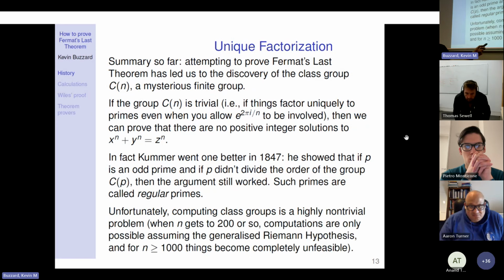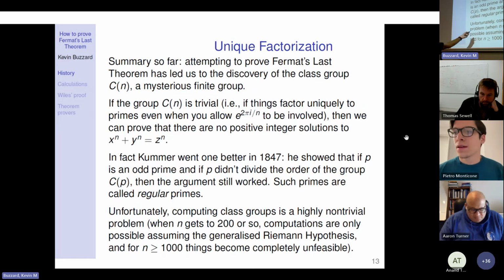And now, of course, your next idea is let's try and work out what the first few regular primes are. But computing these finite groups is phenomenally difficult because by the time you've thrown in this complex number, this 200th root of unity, you've generated an extension of the rationals of degree 200. So you're trying to do calculations in 200-dimensional vector spaces. And this gets very slow.